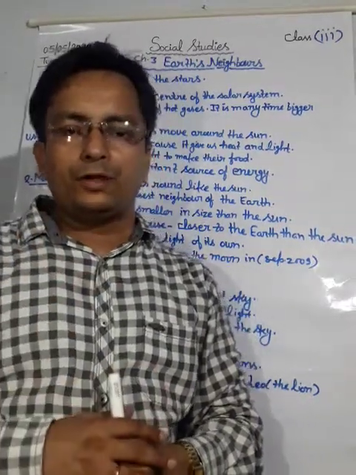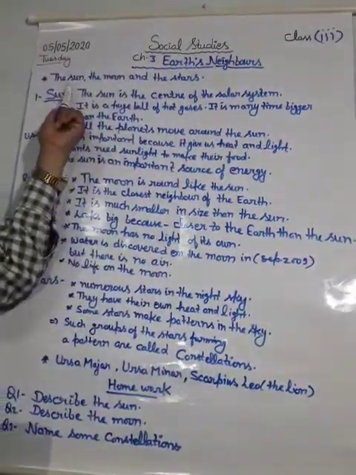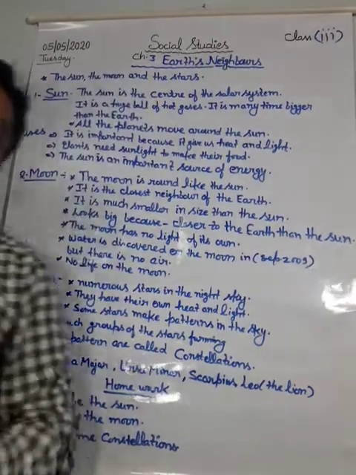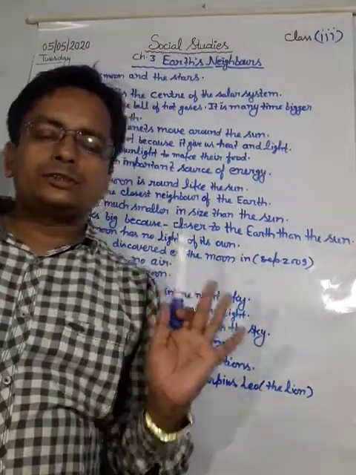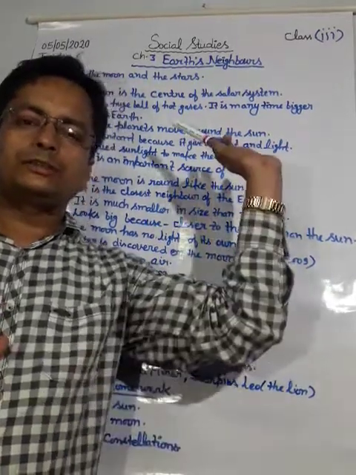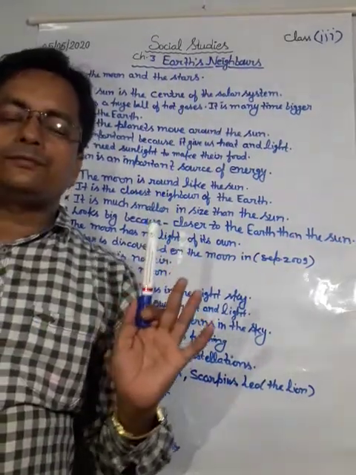Who are the neighbors of Earth? The neighbors of Earth are the sun, the moon, and the stars. We can see all of them; we see these neighbors of the Earth in daily life.